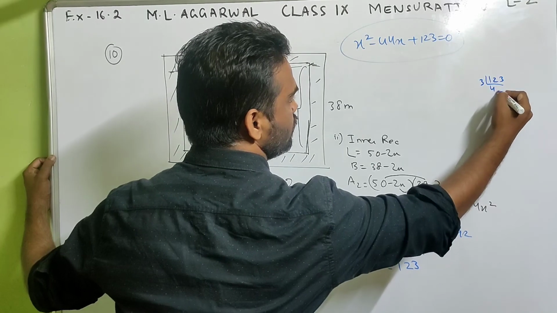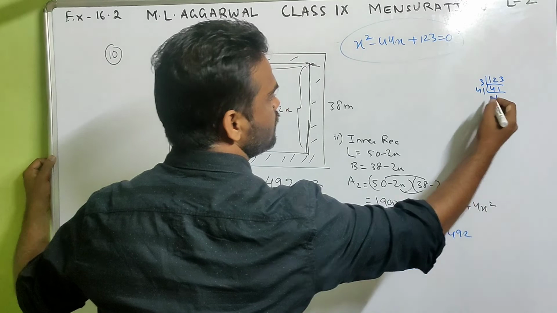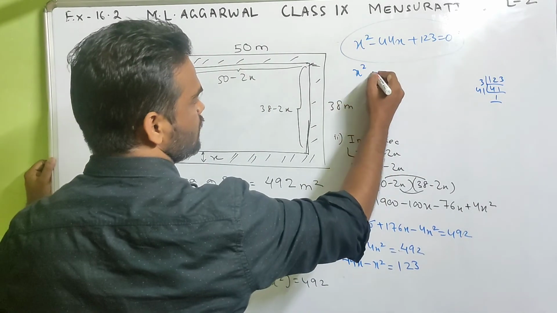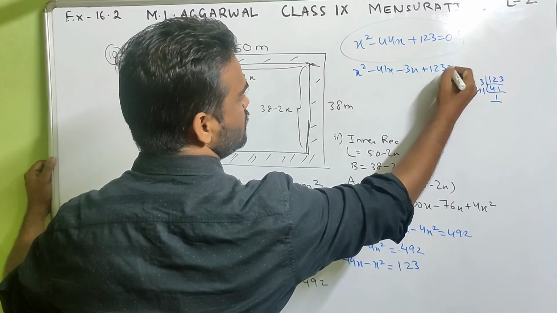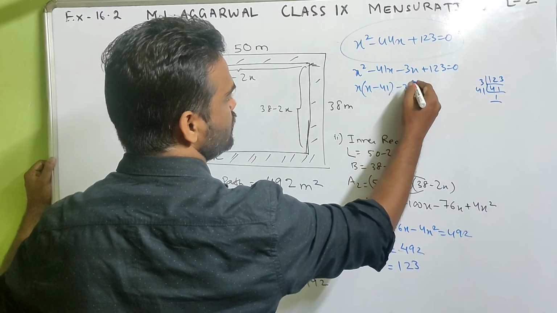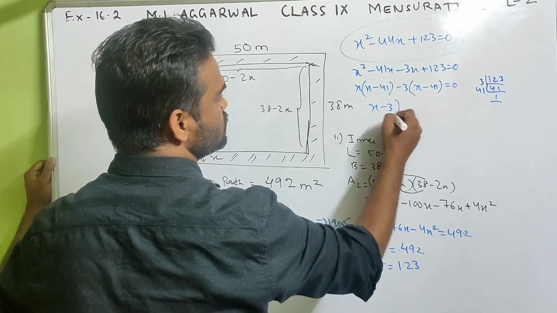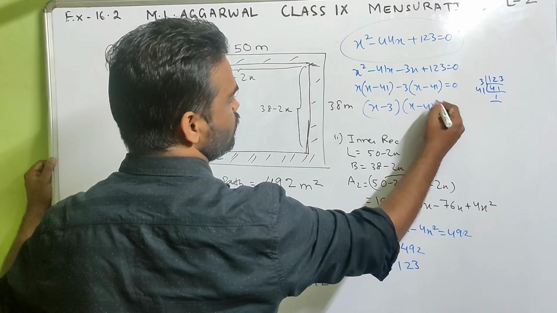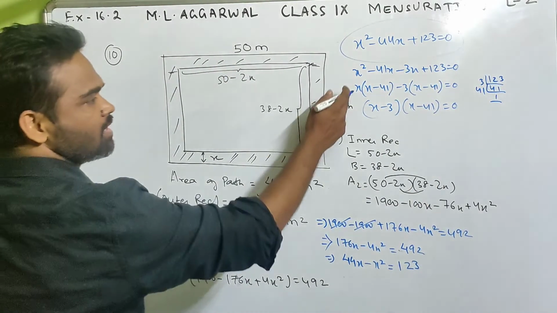This is 3 and 41. So can I write this as minus 41x minus 3x plus 123 equals 0? So x common, x minus 41, minus 3 common, x minus 41 equals 0. That gives x minus 3 and x minus 41. Done. Am I clear on middle term factorization?